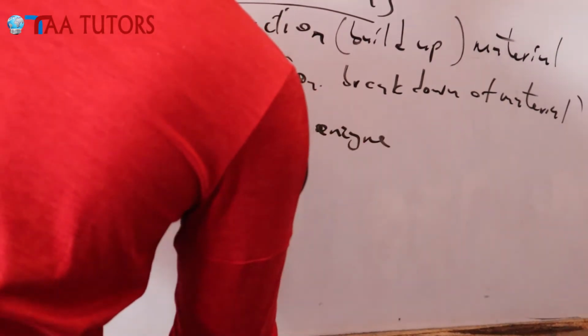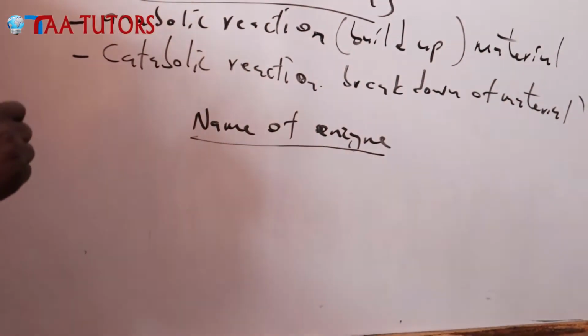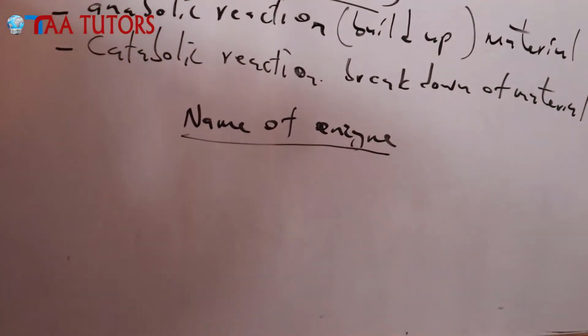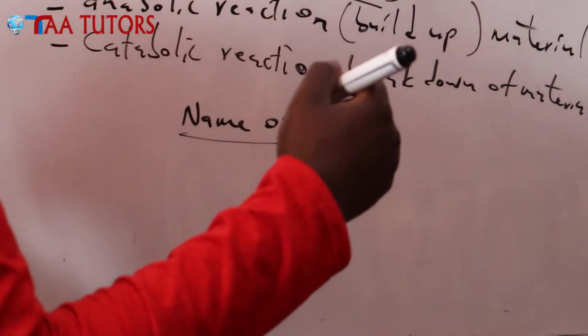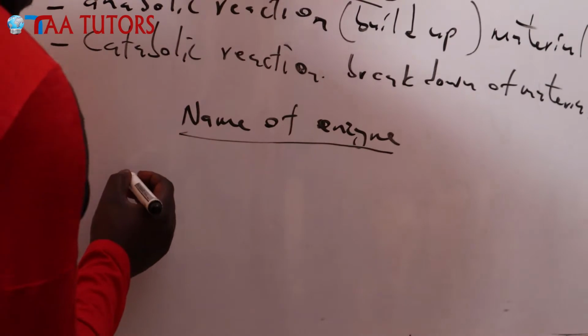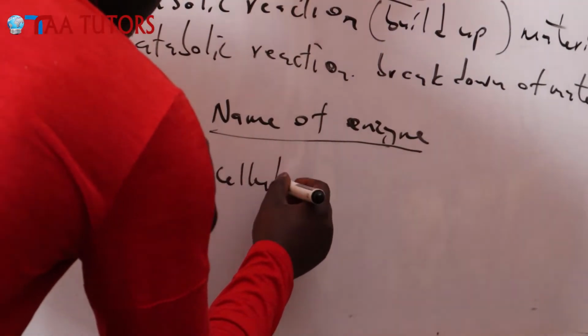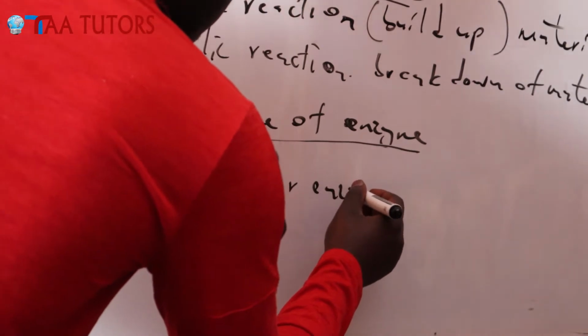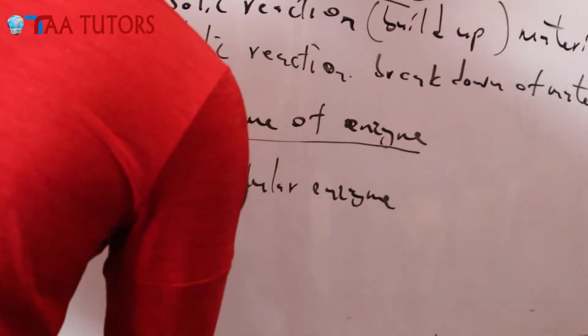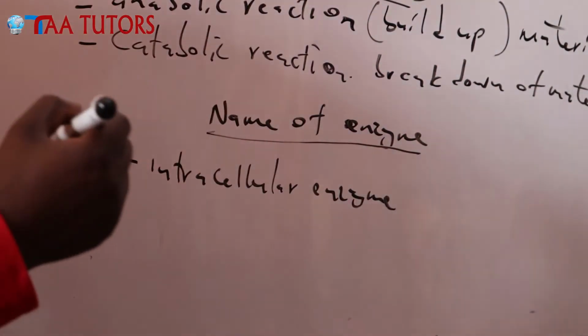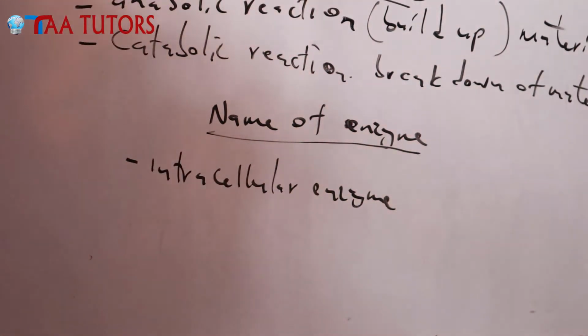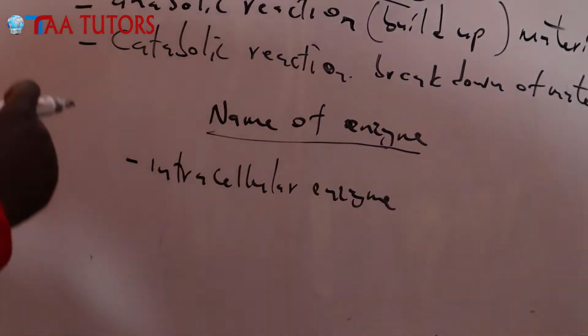In this, I want you to understand that we have got enzymes that are working inside the cells where they are produced. So we can call that intracellular enzyme. This is an enzyme that is produced within a cell and then it works there. It is really working in that particular cell.